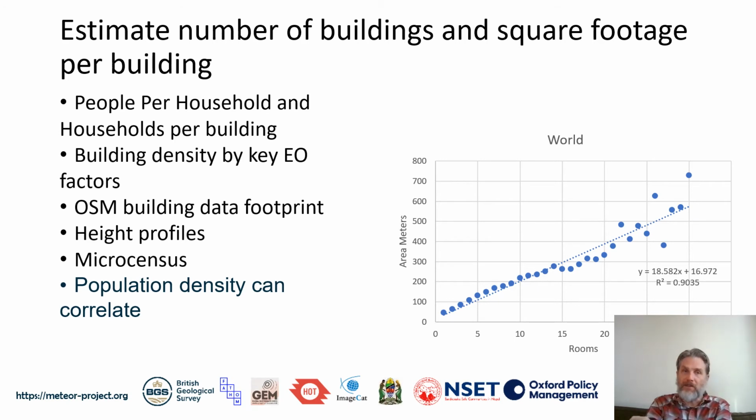And we used IPUMS database distributed here from the University of Minnesota to be able to make those assumptions regionally, and what we couldn't find for a specific country, we were able to basically chunk out into regions. Of course, we do provide documentation about how we use those regions in the metadata. And the last idea here, which I guess I didn't finish, population density can also correlate with square footage in a way that can be characterized.